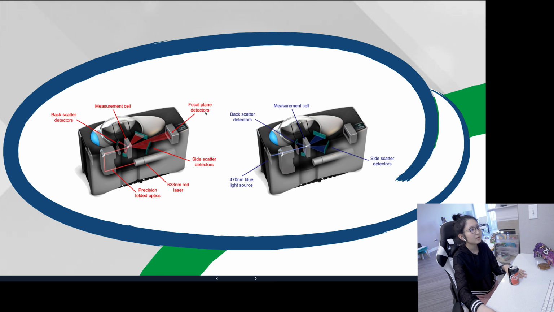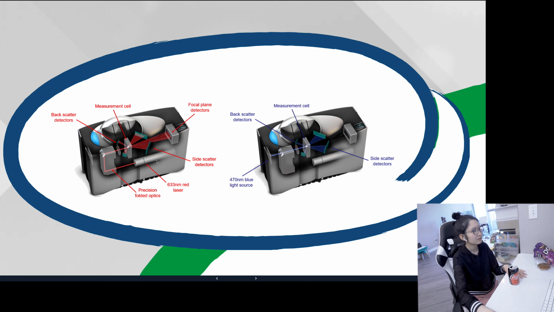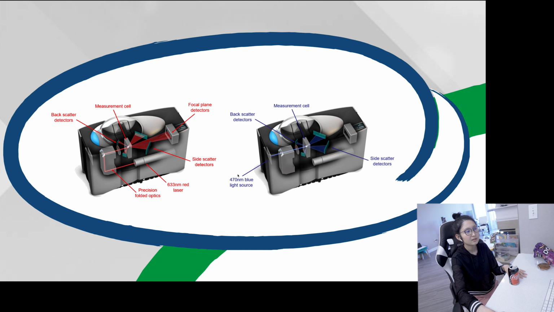This is the focal plane detectors, which covers the forward scattering range. And this is where our red laser comes from. We've also got a blue laser because blue laser has a shorter wavelength, so it's better for small particle sizes.